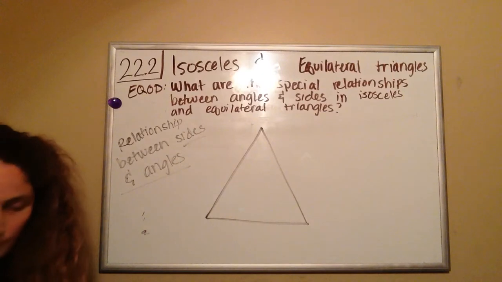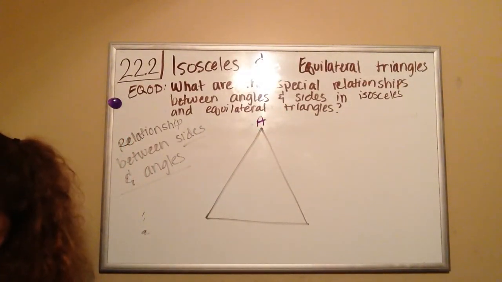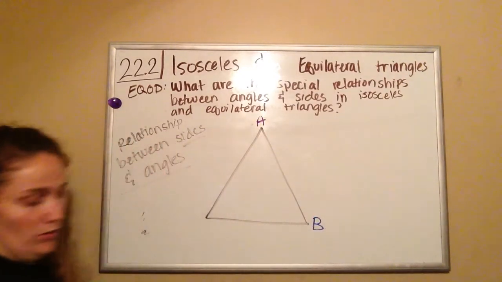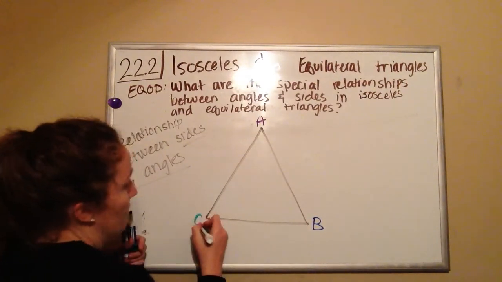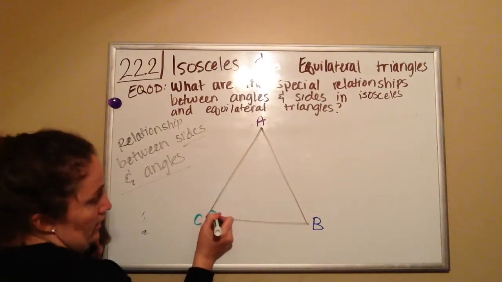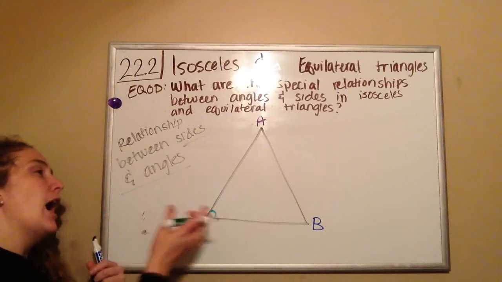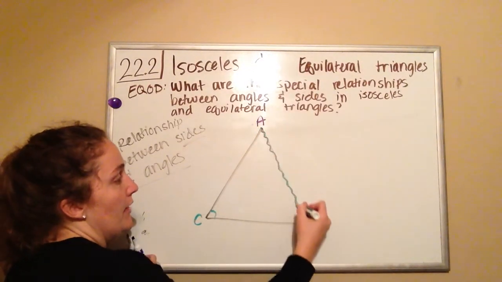Okay, so I'm going to label these vertices A, B, and C. If it helps you to use colors, I highly suggest you use colors for this part. If not, that's fine. Okay, and this angle right here actually corresponds to the side that is opposite of it. So the only side that it is not touching. So that side right there.